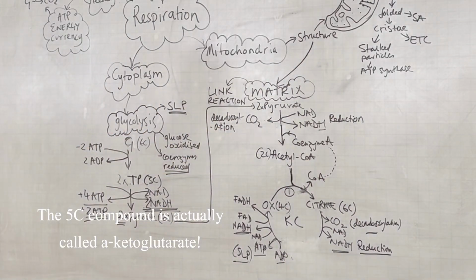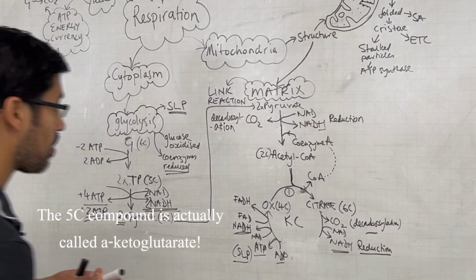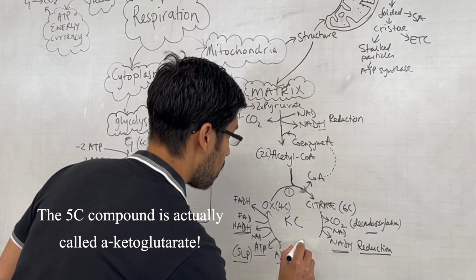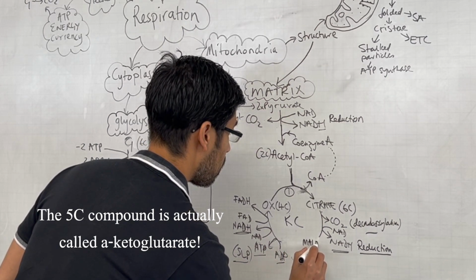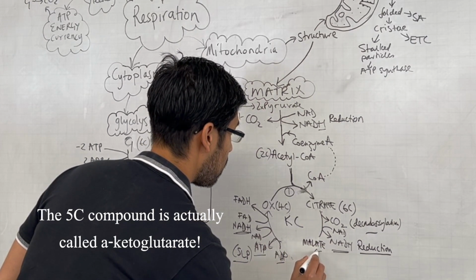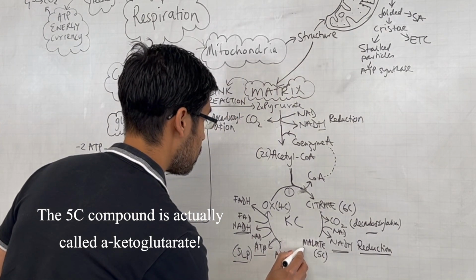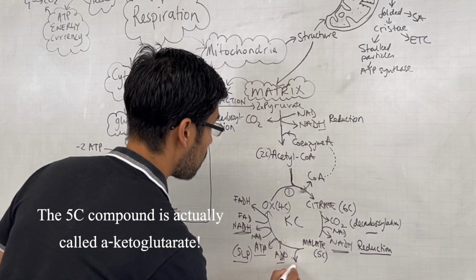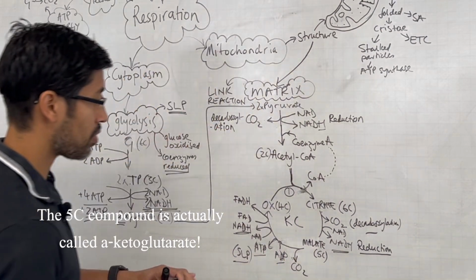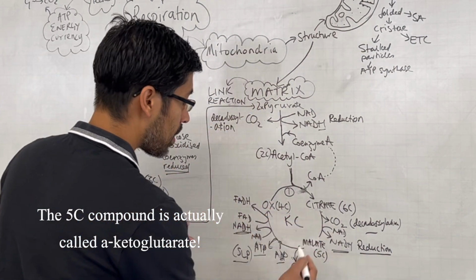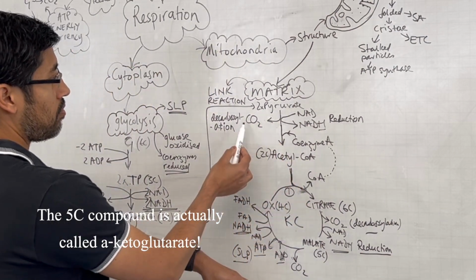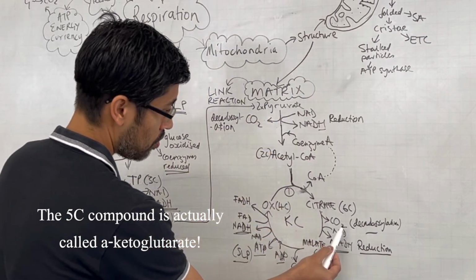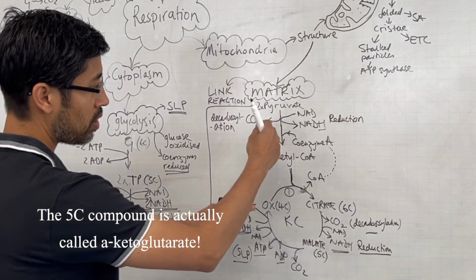So I'm just going to budge things up here. Malate, 5 carbons converted there, and yes, we do have the final decarboxylation, and that's 1 carbon, 2 carbon, 3 carbon, that's 1 pyruvate.